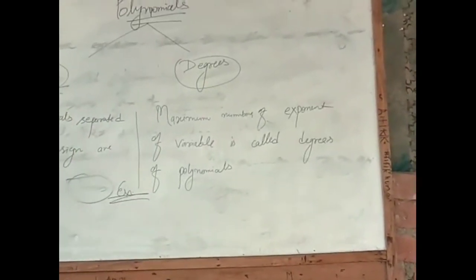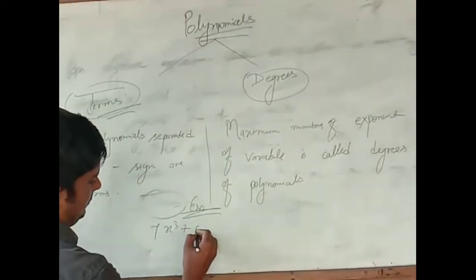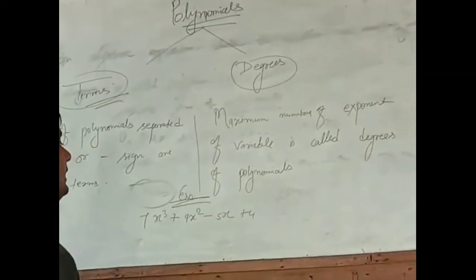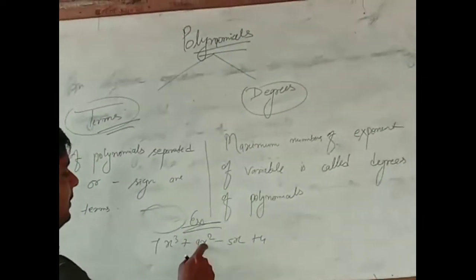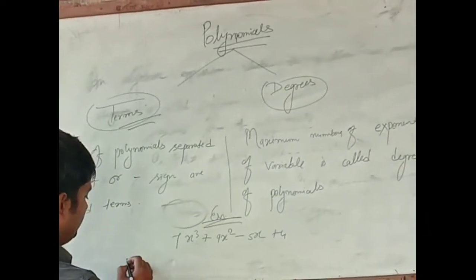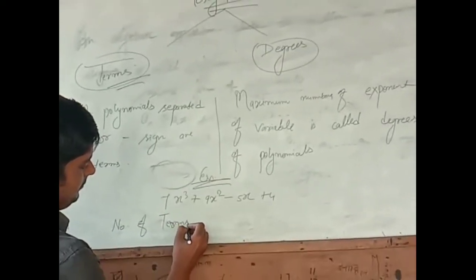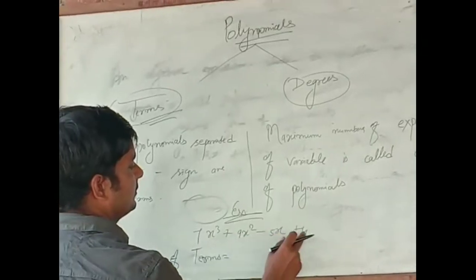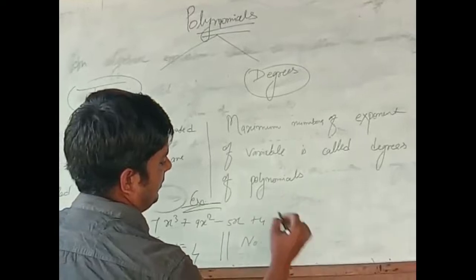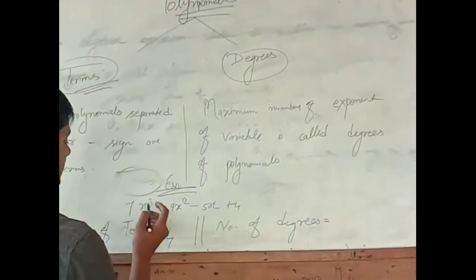For example, 7x³ + 9x² − 5x + 4. This is one example of a polynomial, and it has the number of terms 4 and the degree is 3.